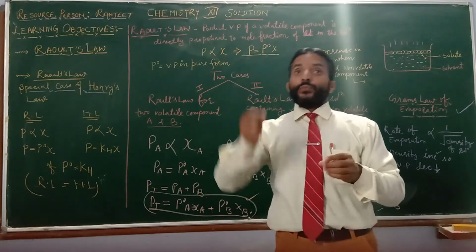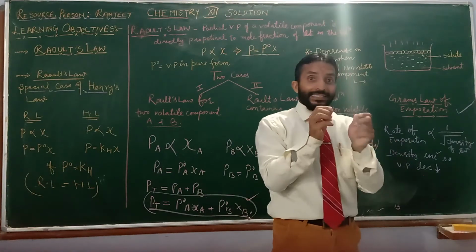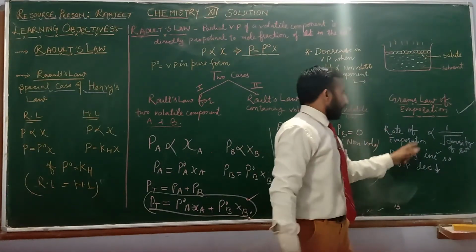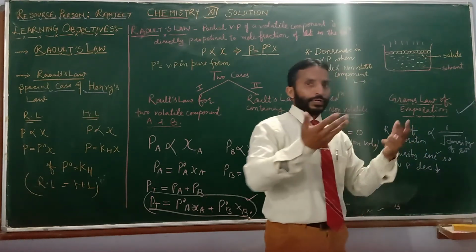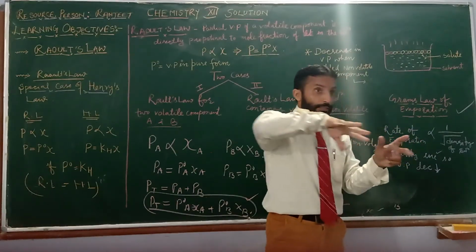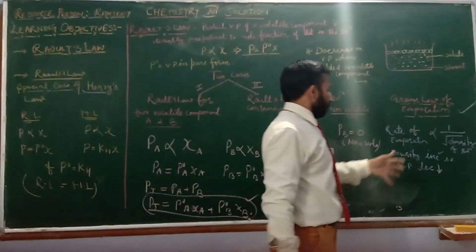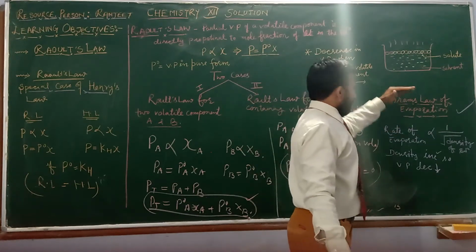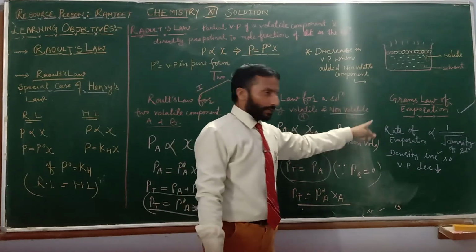As we know, when we add a non-volatile component, it increases the density of the solution. Density increases, rate of evaporation decreases, right? Because it goes nearer to the solid state, so it will not come into vapor form easily. So these are the two reasons which explain why non-volatile addition decreases vapor pressure.